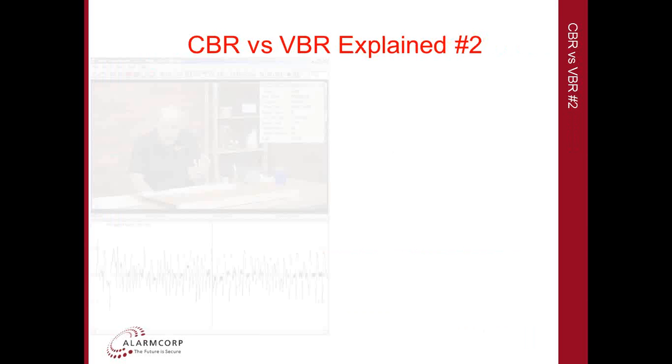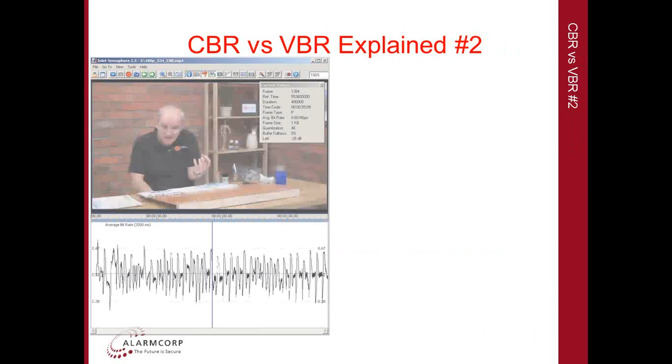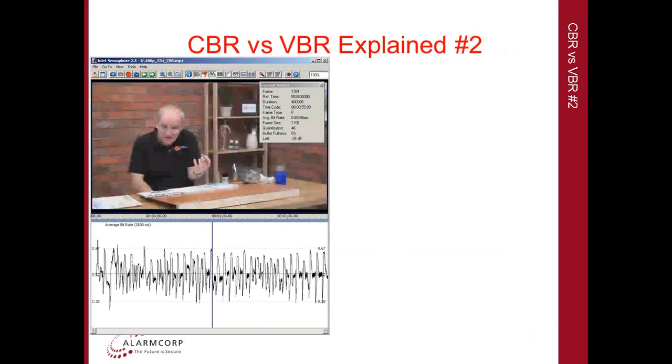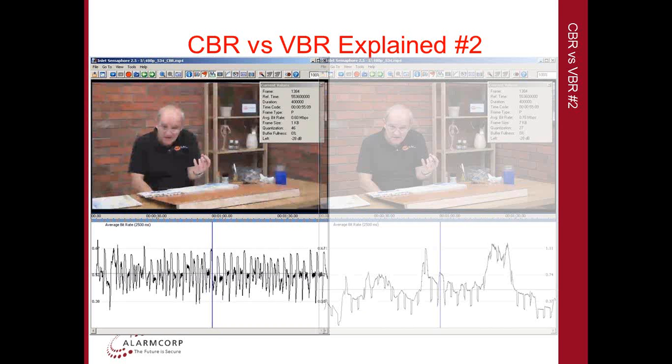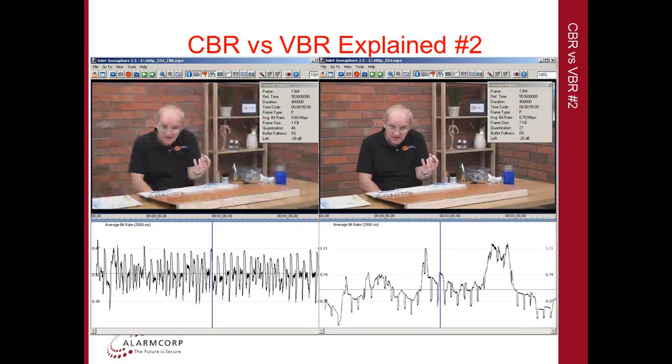Okay, more detailed example. Here we have a constant bitrate system on the left and a variable bitrate on the right. Now if you look on the left, you will see that we have more artifacts in the image, but you will also see that the bitrate is typically staying between 0.38 and 0.67 kilobits per second with an average of around 0.52.